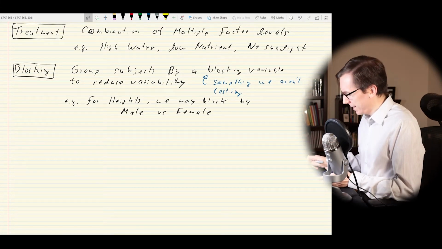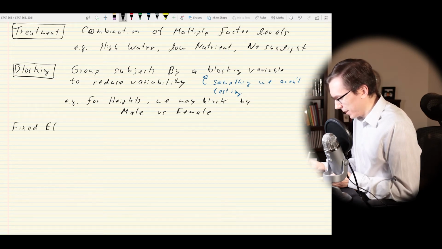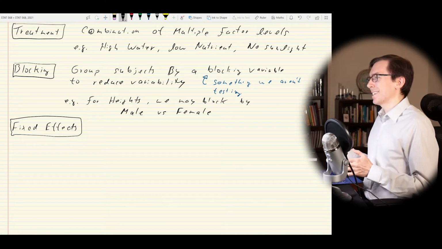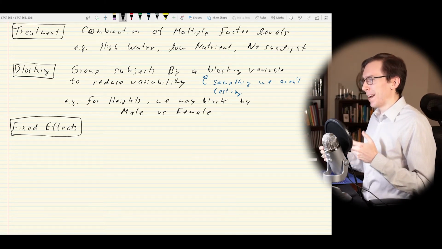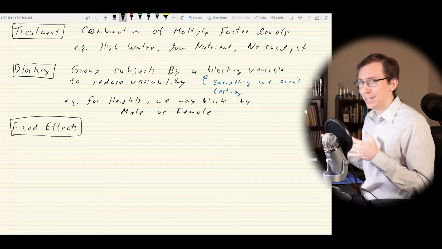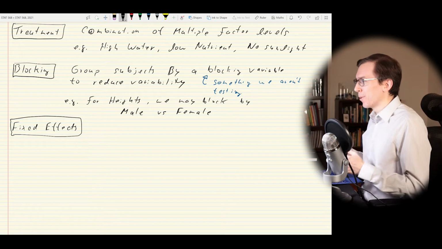And then lastly, there are different types of effects that we're interested in. One of the main things we're going to look at is fixed effects, and the contrasting idea is random effects. These can be a little bit confusing, but we'll look at them more as we go forward.